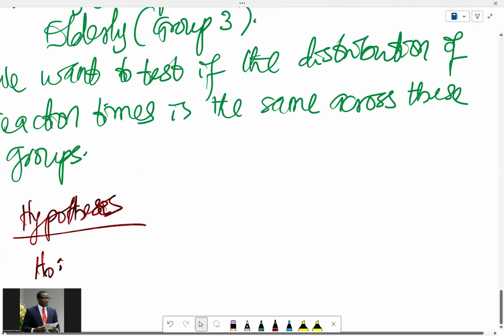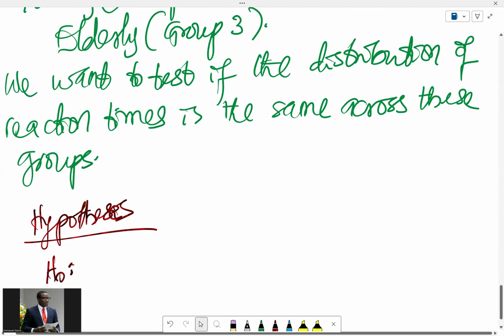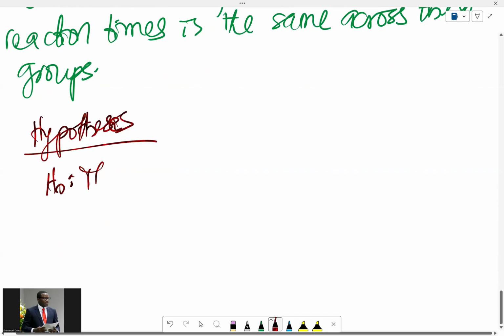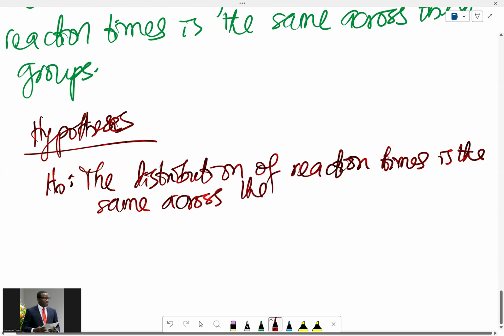H naught is that the distribution of reaction times is the same across the groups. So let's call that step 1.